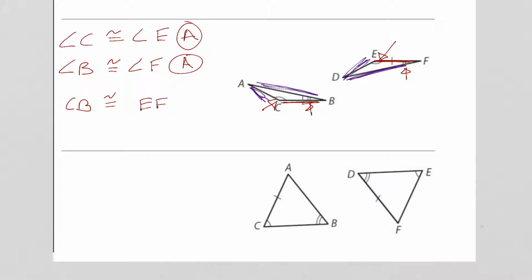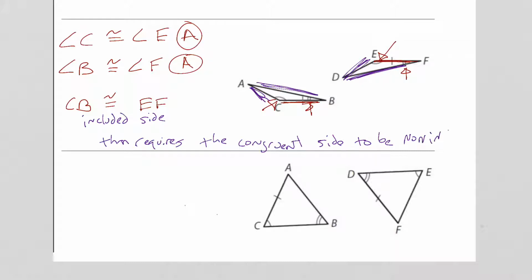So I have to rule that out because this is an included side and the formula requires, I shouldn't say formula, the theorem requires the congruent side to be non-included, as in not between the two angles, right? Not between the angles.